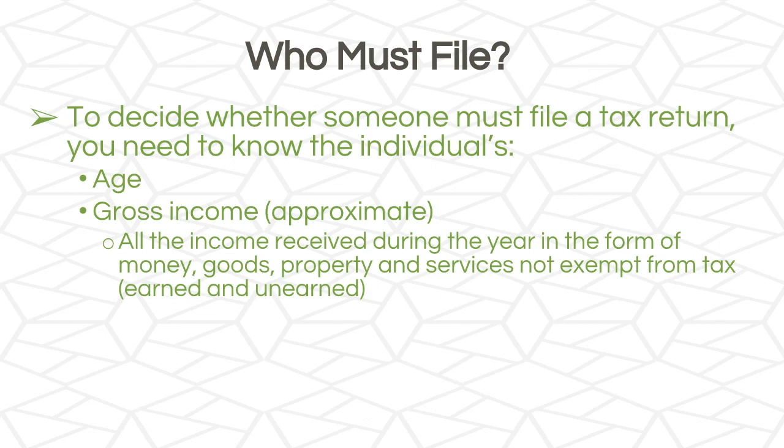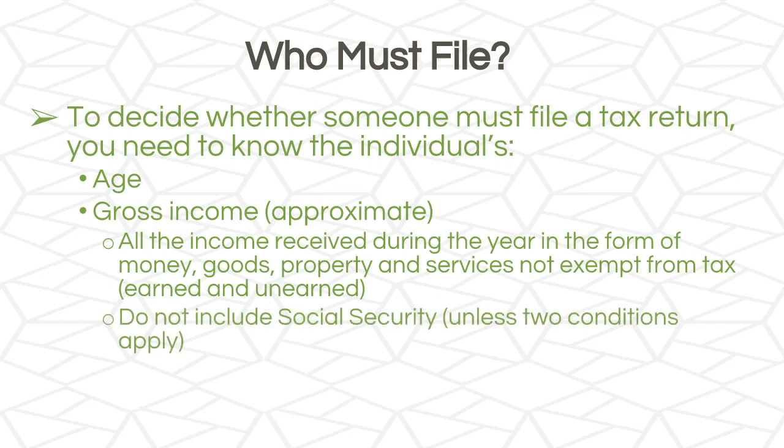And that can include both earned and unearned income. And note here, we're not going to include Social Security in this figure unless two conditions apply, and you can see the Pub 4012 for more details. But as a reminder, be sure to read all of the footnotes in the Pub 4012 when you're deciding whether or not someone needs to file a tax return.